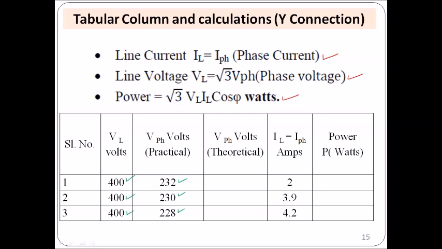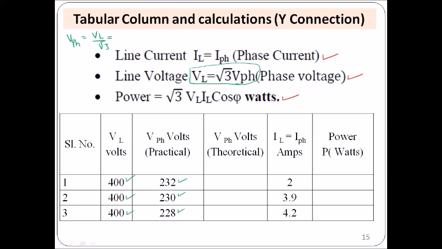So if you see this formula, we can calculate that V phase is equal to VL by root 3. Okay, so this formula I have used, and we can calculate by substituting VL is equal to 400 volts.